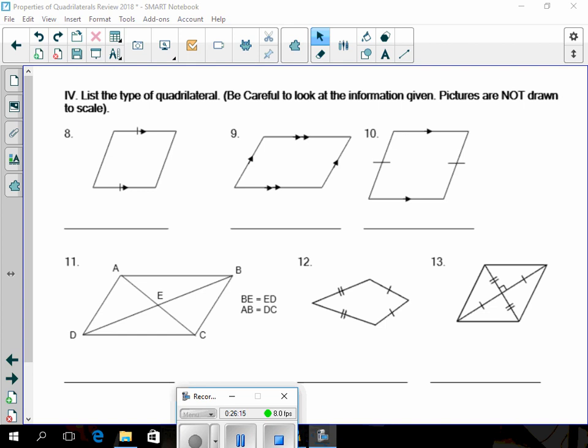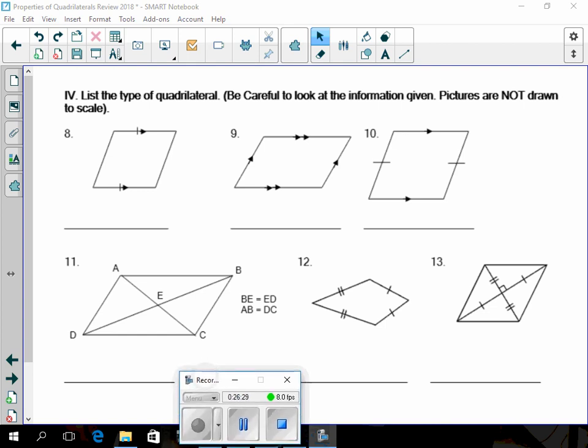So I want you to think about what kind of shapes these all are. I will tell you that one of them is none of the above. We don't know what it is. One of these we don't have enough information to say. Okay? But everything else has a name. So take a minute, look at your properties, look at your Venn diagrams, and let's decide what they are.